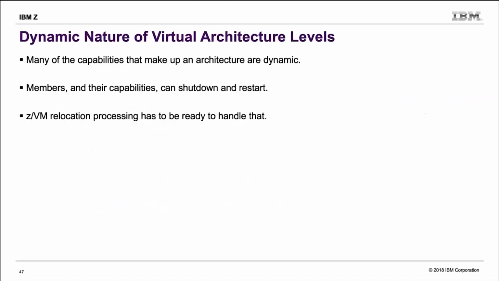Okay, so look, we live in a very dynamic world, right? Because we can be swapping out hardware and software with relative ease, the caveat is that our virtual architecture, and therefore that maximal common subset of features that we can use, can always be changing. As those capabilities are changing and our guests are restarting to pick up those fresh capabilities, our z/VM relocation process has to adapt to handle that.